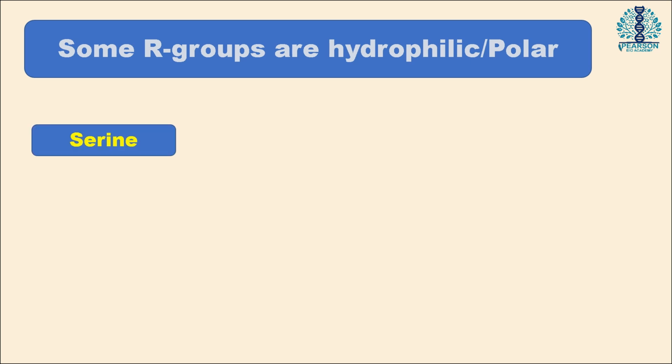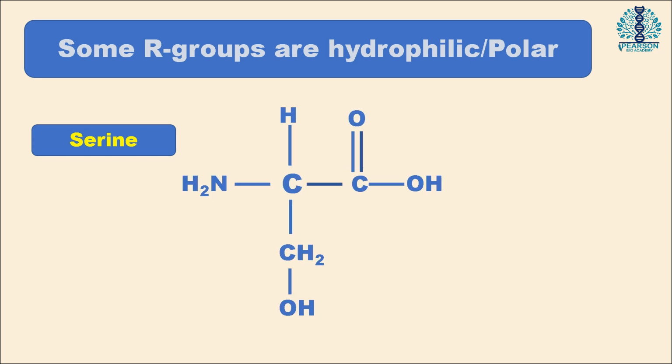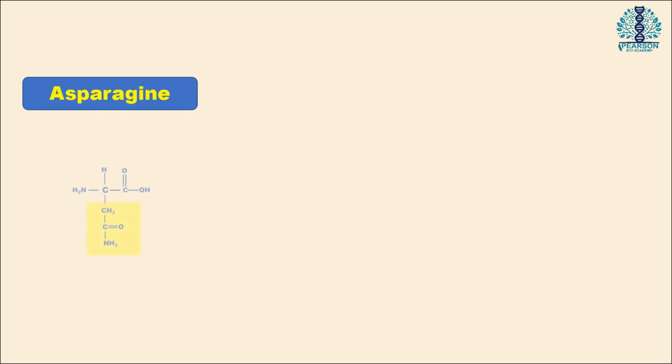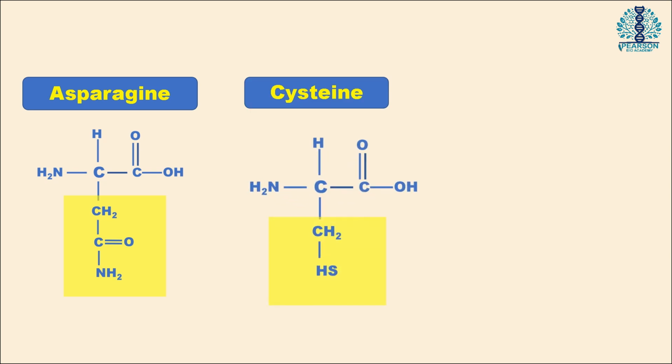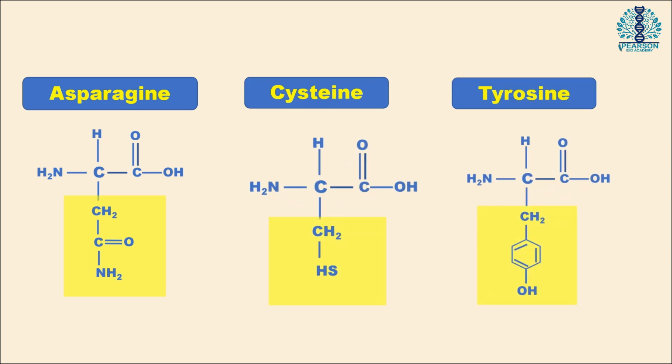For example, if we take serine, it has the common structure of an amino acid, but in addition, its R group includes a hydrophilic polar group. Other examples include asparagine, cysteine, and tyrosine. If we look closely at each of these amino acids, you will notice their R groups contain a polar group, making them hydrophilic.